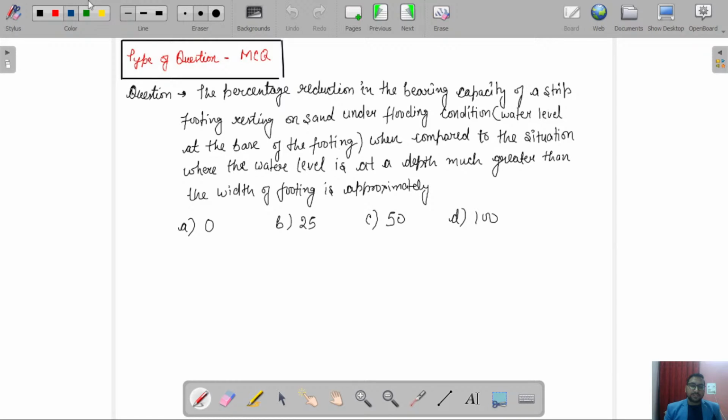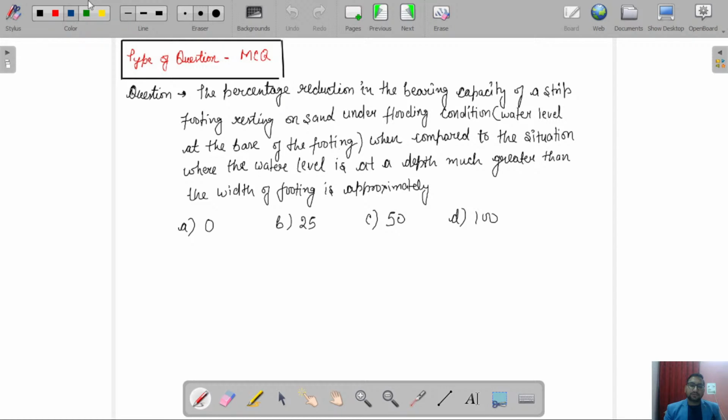So in first case, the water level is at a much greater depth below the zone of influence up to which soil is going to transfer its load. And in second case, the water level is at ground level. What will be the reduction in bearing capacity that you need to find?